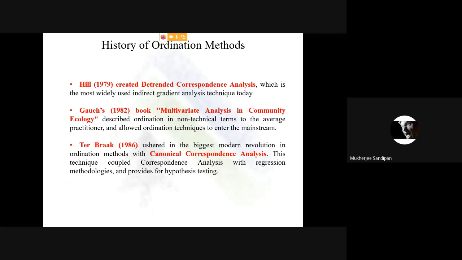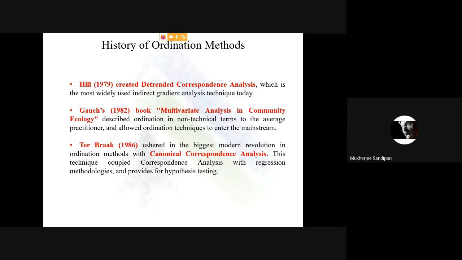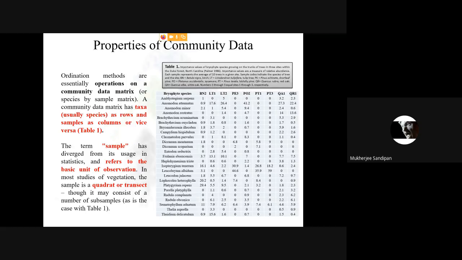We all should read this book when we think of doing community data analysis. And finally, canonical correspondence analysis is another method, which was developed by Ter Braak in 1986. This method is again very rapidly used in today's world.